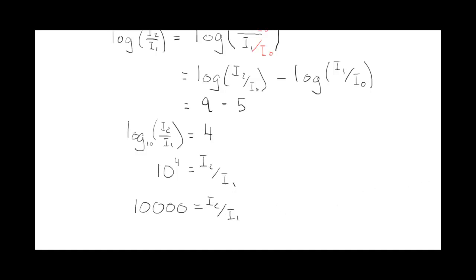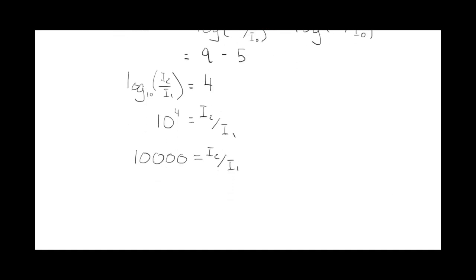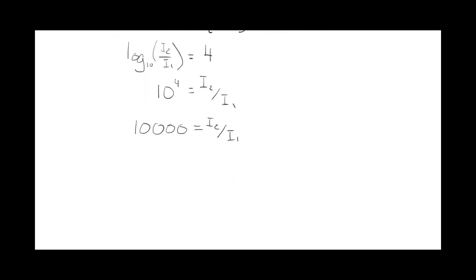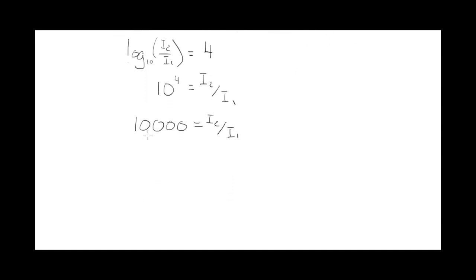So a difference of 4 on the Richter scale is 10,000 times bigger. Those buildings are shaking 10,000 times as hard. That needle is moving 10,000 times as much.